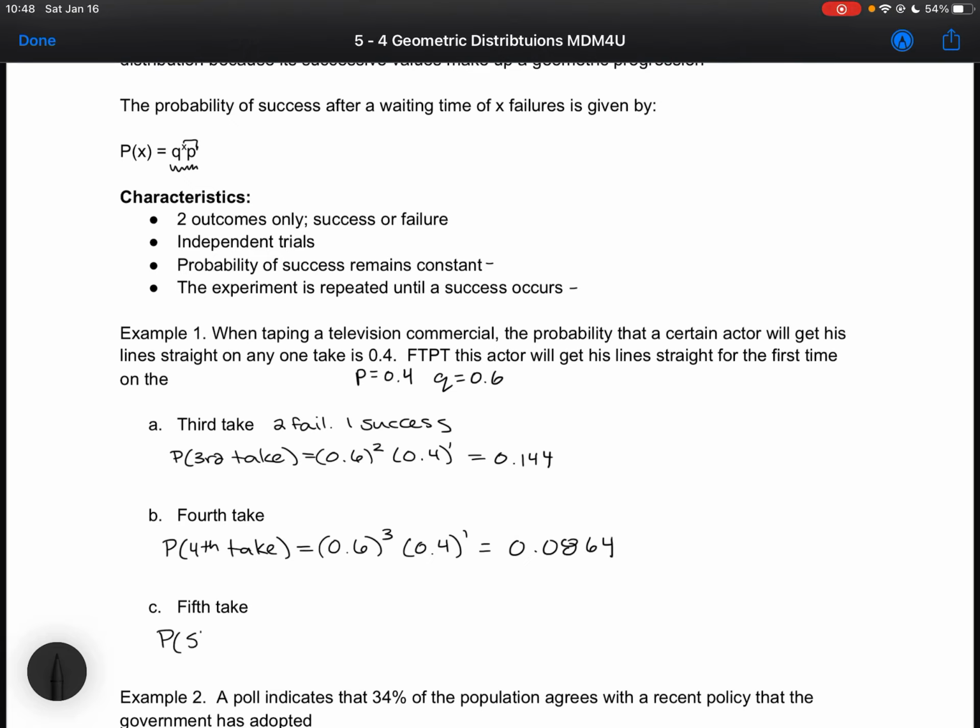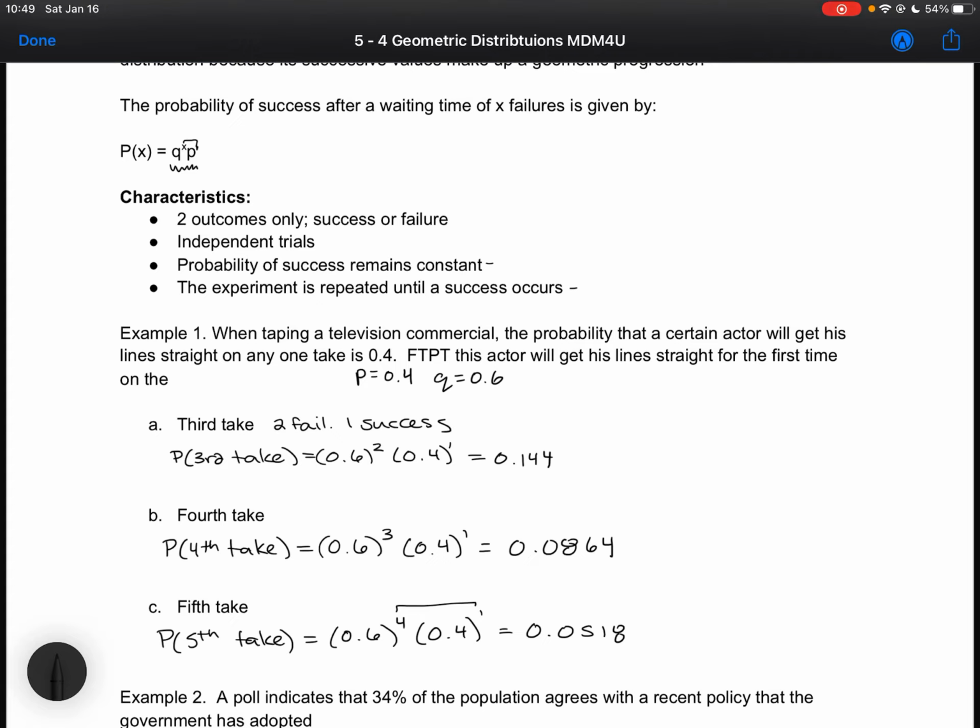The last example would be the probability that he gets it correct on the 5th take. So I would have 4 failures, 0.6 to the 4, times 0.4 to the 1. These two add up to my total number of takes. I have 4 failures before I have 1 success. Multiplying these together will give me 0.0518.